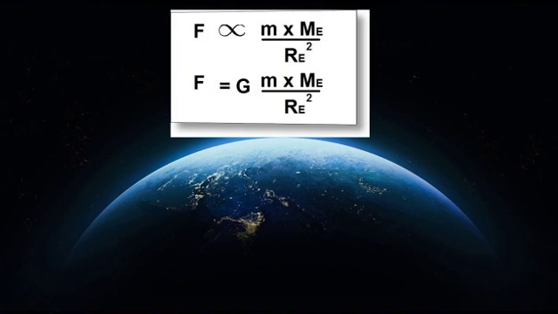If we apply capital G, that is the gravitational constant, we have the formula F equals G, multiplied by the mass of the object lying on the surface of the earth, multiplied by the mass of the earth, divided by the square of the radius of the earth. So that is the formula we have initially obtained by operating these proportionality relations, and by applying Newton's law of universal gravitation.